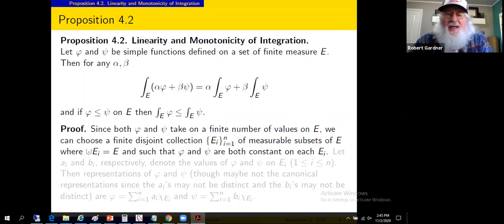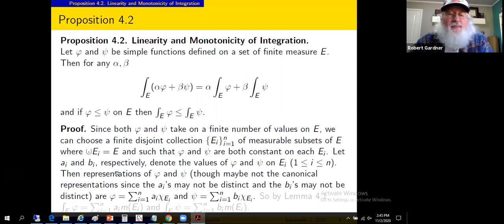So I'll have overlaps over where phi takes on the value A sub 1 and psi takes on the value B sub 1, say. Intersect those two sets, and that's how you're creating this collection of sets on which phi and psi agree. We need that so we can deal with the integrals of the sum.